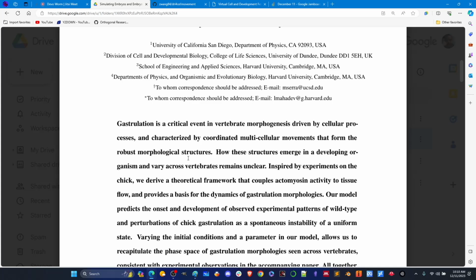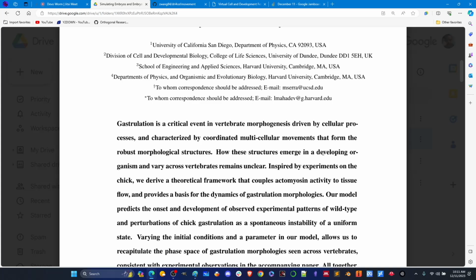So I don't know if we could have a single embryo model. At the same time, we want to know that we can simulate these across different types of morphological structures. So to have maybe a module that you can put into different embryo models to say this is gastrulation would be really nice.